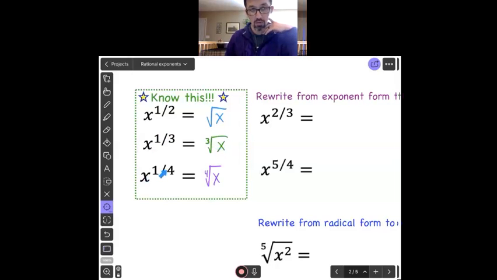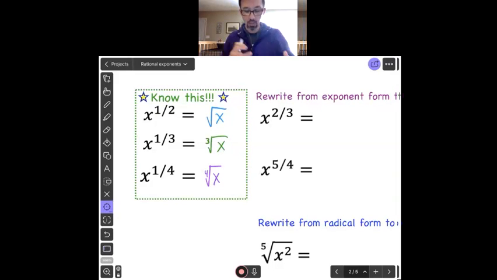X to the 1/4 power is the 4th root of x. So I'm talking about exponents, and I say 4th root of x, cube root of x, square root of x.